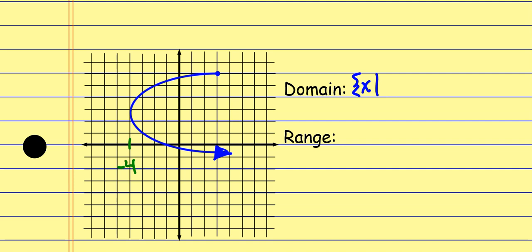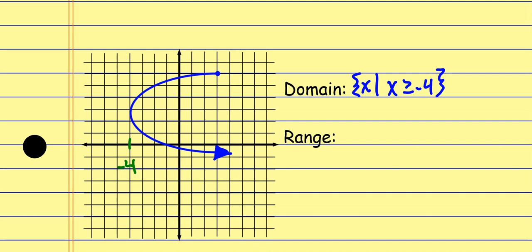I can't list all the values from -4 to infinity, so I use an algebraic expression, which would be x is greater than or equal to -4. That means starting at -4 and going up forever. If you're familiar with interval notation, you can use that as well, going from -4 to positive infinity. Interval notation is something we'll look at a little bit later.